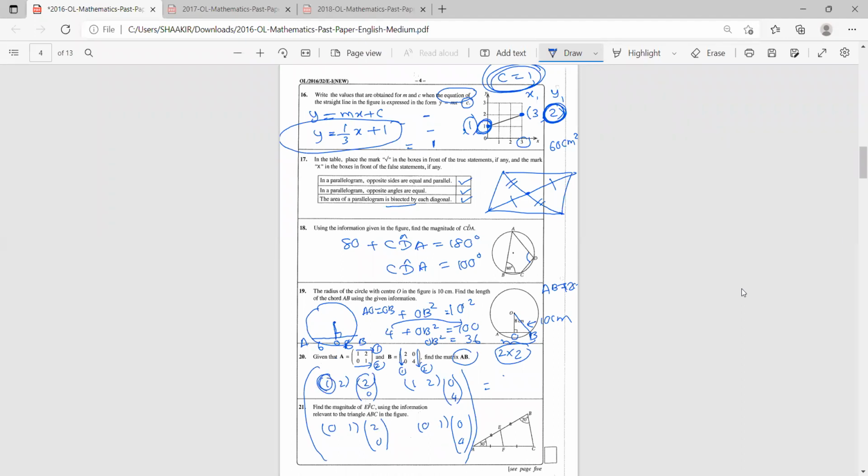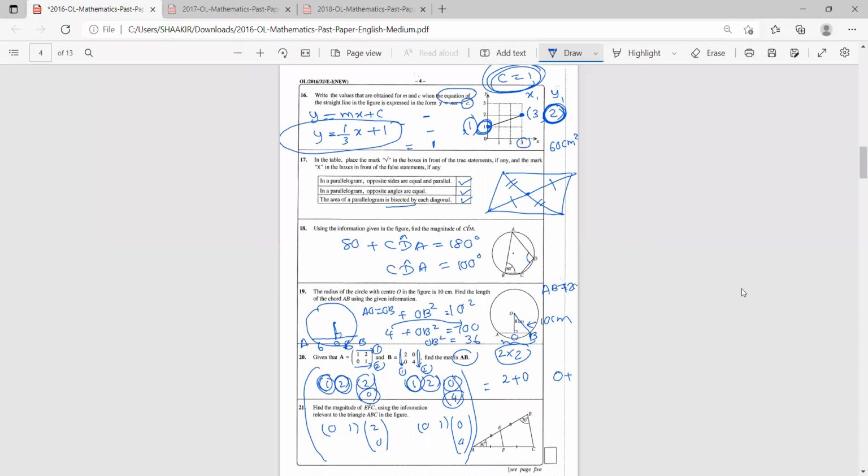Now when multiplying, children, see, 1 multiply by 2 will give you 2. Again, 2 multiply by 0 is 0. So you have to add these two. Again, here, children, 1 multiply by 0 is 0. 2 multiply by 4 is 8.